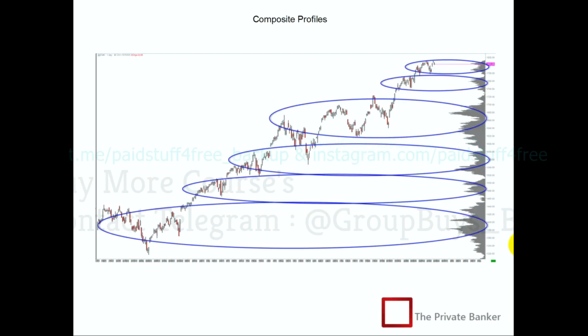So I think it's important to use somewhat fresh data when we're looking at that. Of course, we're at all-time highs anyway, so this is all just price discovery here, and we're just rotating between these newly established volume areas.